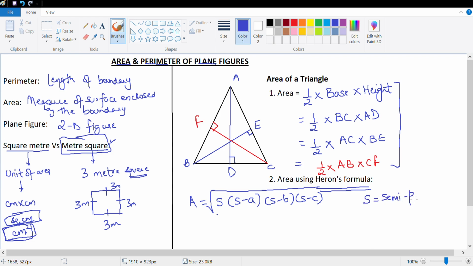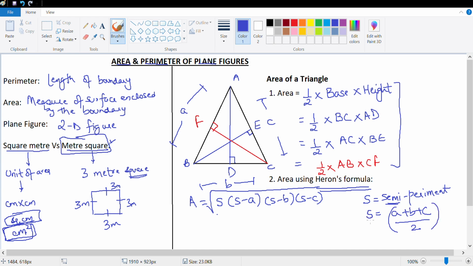semi-perimeter. What does that mean? Let's say if this side has length A, this side has length B, and this side has length C. Semi means half. The perimeter is A plus B plus C, and semi-perimeter would mean half of it. So this is what S is.